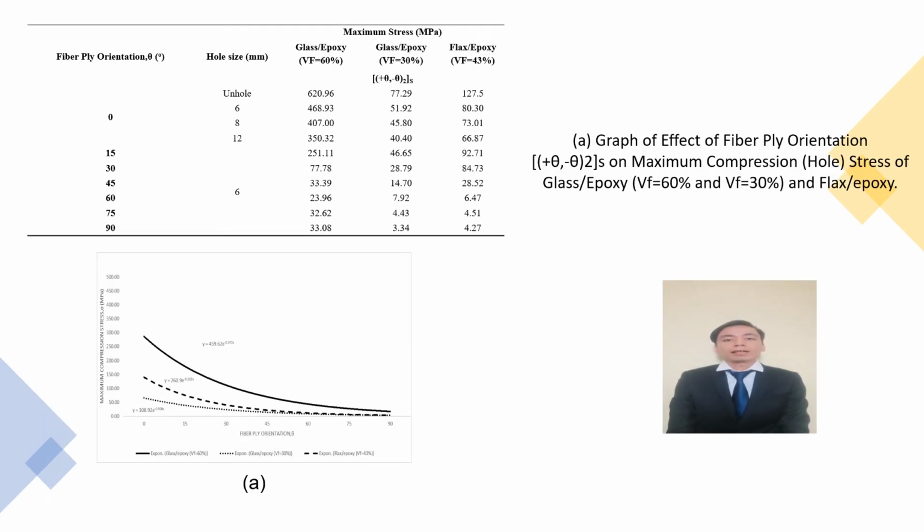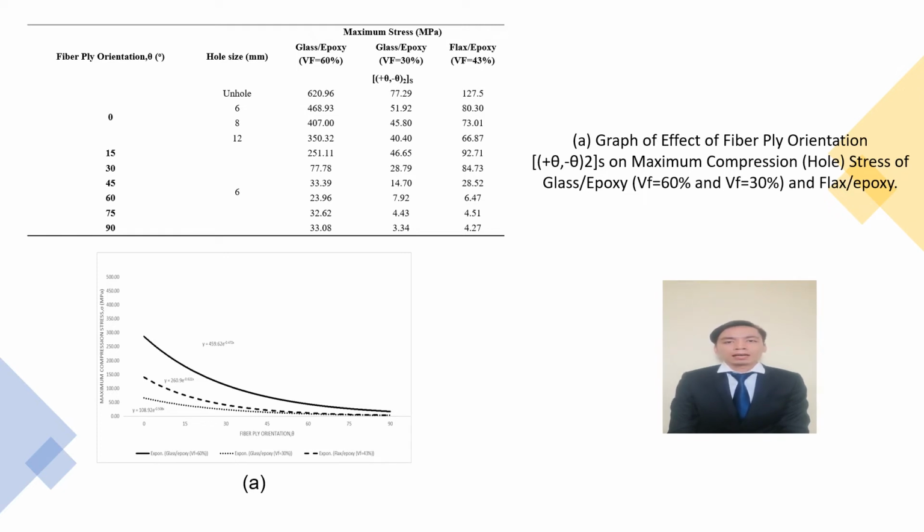Next is the effect of a hole on compression. This table shows the maximum open hole compression stress for glass epoxy and flax epoxy composite for the plus-minus theta layup sequence.